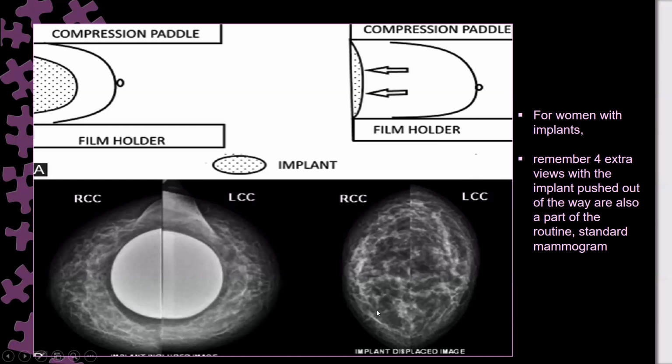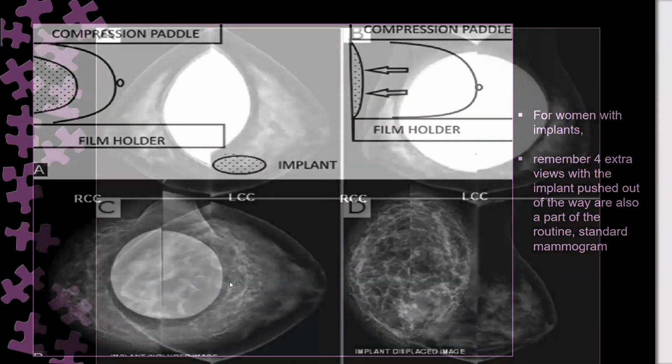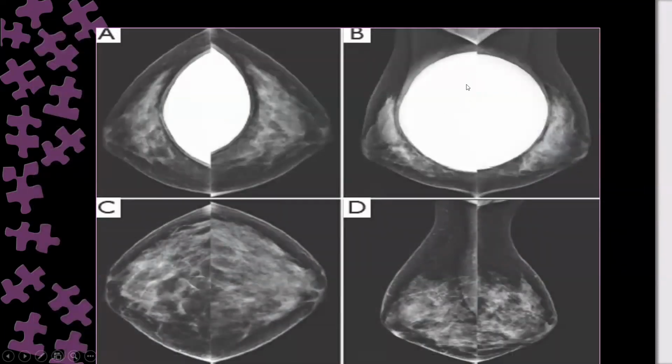Here it is seen well because, can you see the pectoralis? When it is subpectoral, it will be easier. Can you see this example here? As if the patient has no implant. You can see most of the breast tissue.